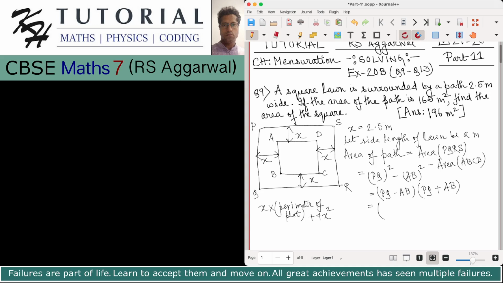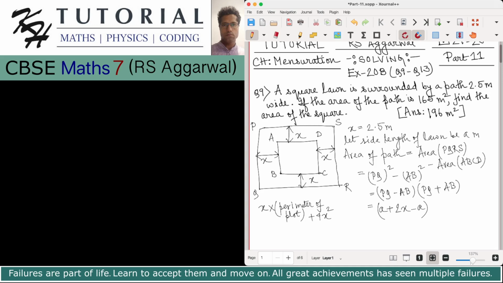Small a meter we have considered to be the side length of the square lawn. So PQ will be a plus twice x, as we have x on the left hand side and x on the right hand side of the lawn. And so this is PQ, and then we have AB, minus a.